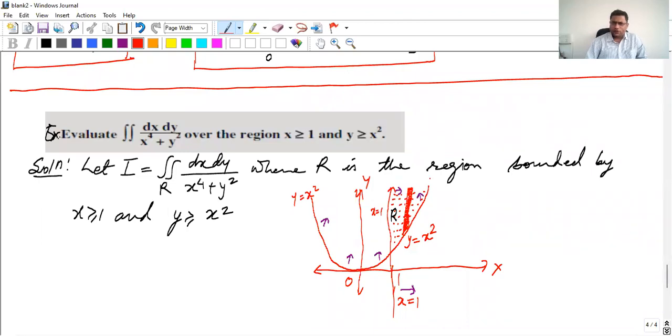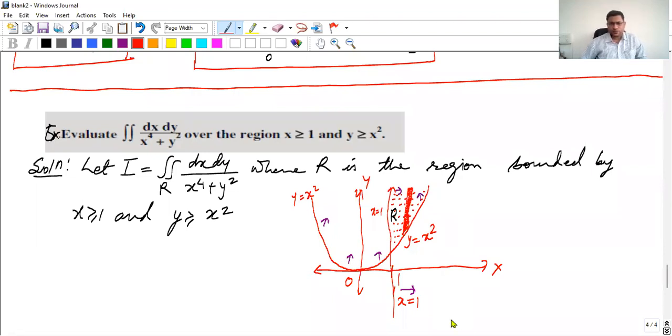Now see this region. What will be the limits? What will be the upper limit for x and the upper limit for y?